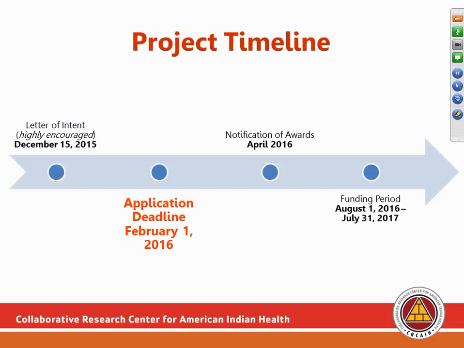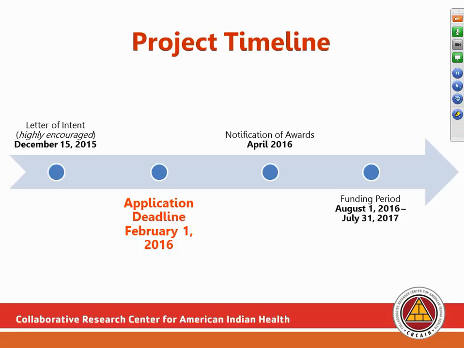So on our project timeline for this 4th cycle, our letters of intent were due December 15th, but if you didn't submit one, that's totally fine. But we would encourage you to call or email and connect with someone to see how we have CRCAIH services that can assist you in putting together the best application that you can.